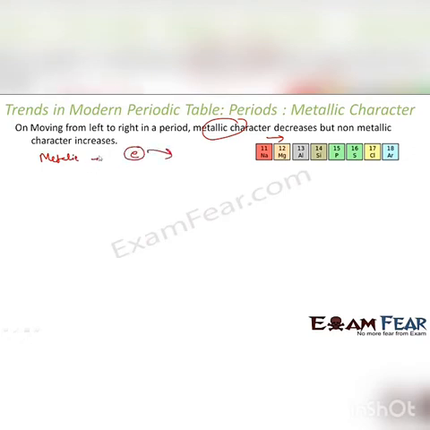Now, if you see this guy, sodium can lose electrons easily, but magnesium won't be able to lose electrons easily. Why? Because of the same thing. This guy has 12 protons, right? So this guy will bind the electrons tighter. See, this guy sodium has only 11 protons.